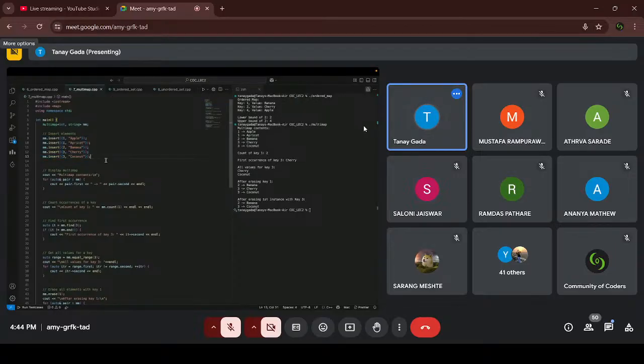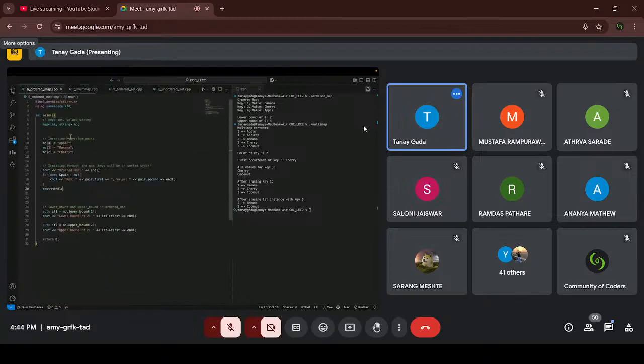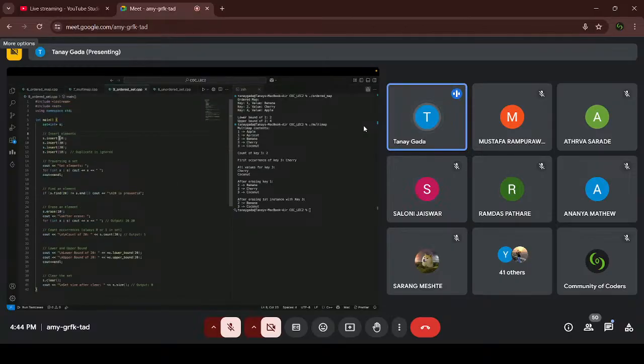It only stores one element. In the map, we were storing the key-value pair, right? Key and value. In the set, we are just storing an element. And set has only unique elements.